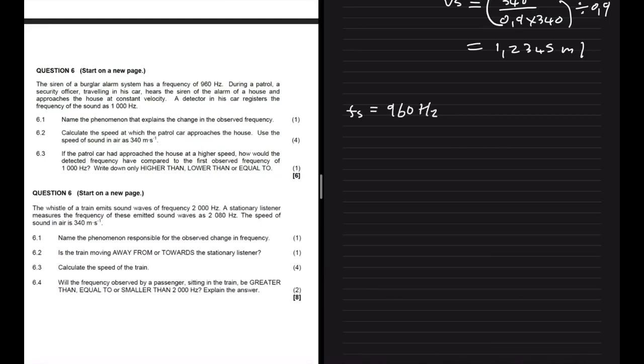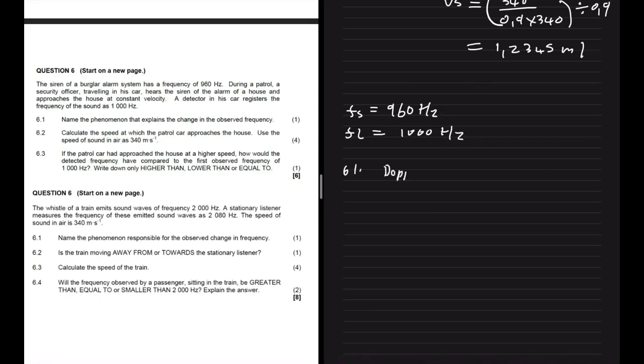During a patrol, a security officer traveling in his car hears the siren of the alarm of a house and approaches the house at a constant velocity. A detector in his car registers the frequency of the sound as 1000 Hz. So frequency observed is 1000 Hz.